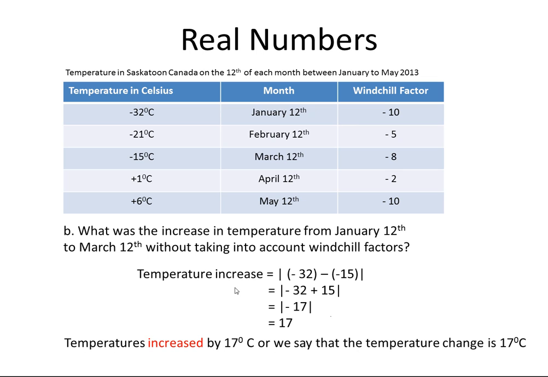And we say that temperatures increased by 17 degrees Celsius, or we say that temperature change is 17 degrees Celsius, and this is plus 17 degrees Celsius. Temperature increase is always denoted by a positive number.